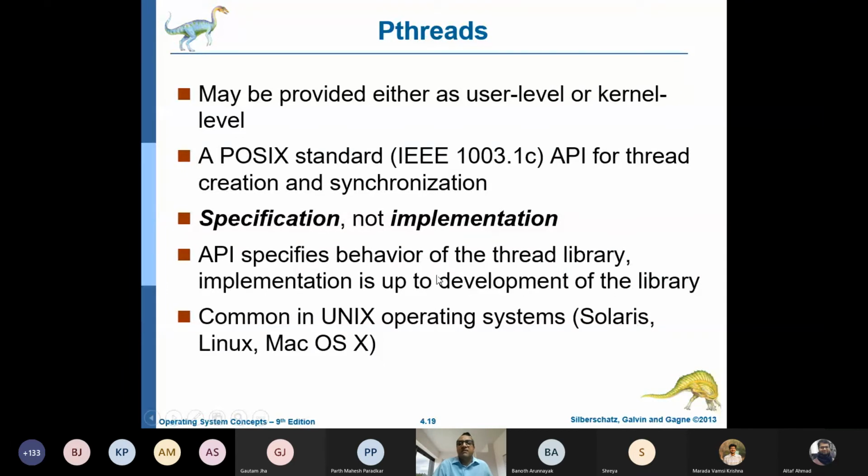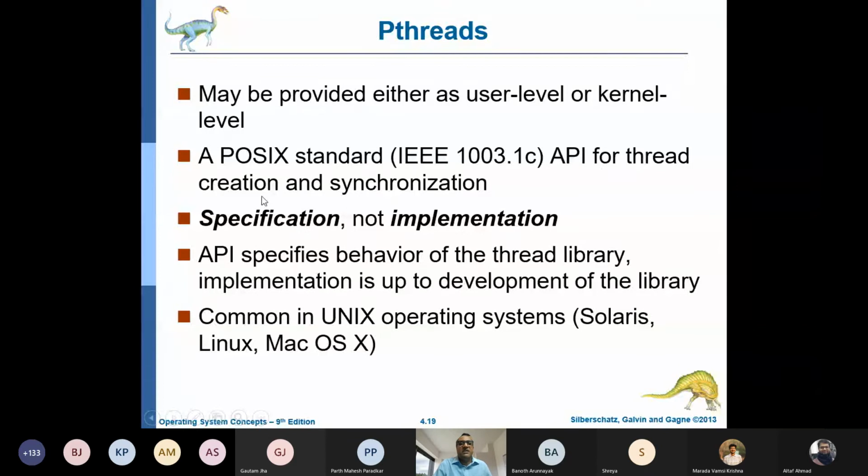Depending upon the developer, you can support it, but it has to satisfy the specifications provided by the API. Suppose you have a thread: what are the properties and characteristics that the thread function is supposed to perform? That is the specification, and the implementation is up to the user or the library, where the library function will implement it to support this particular specification.